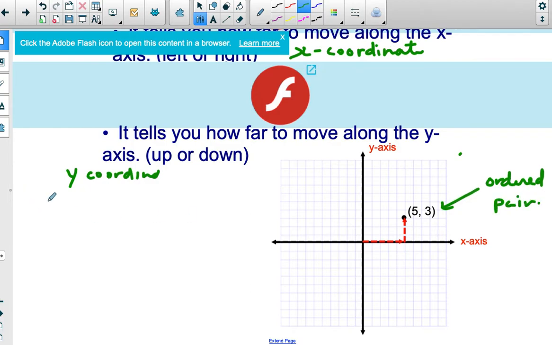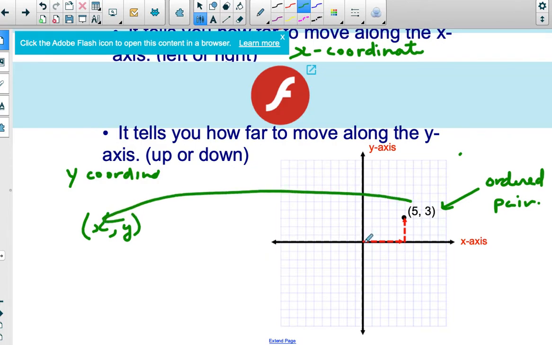An ordered pair is a coordinate of a point, and it's always written as x comma y in brackets, so our x variable and our y variable. And what this tells us is, in this case, 5, 3. 5 is the x. It tells us that we go to 5 on the x-axis. And the second number is the y-coordinate, 3. It tells us that we are at 3 on the y-axis.